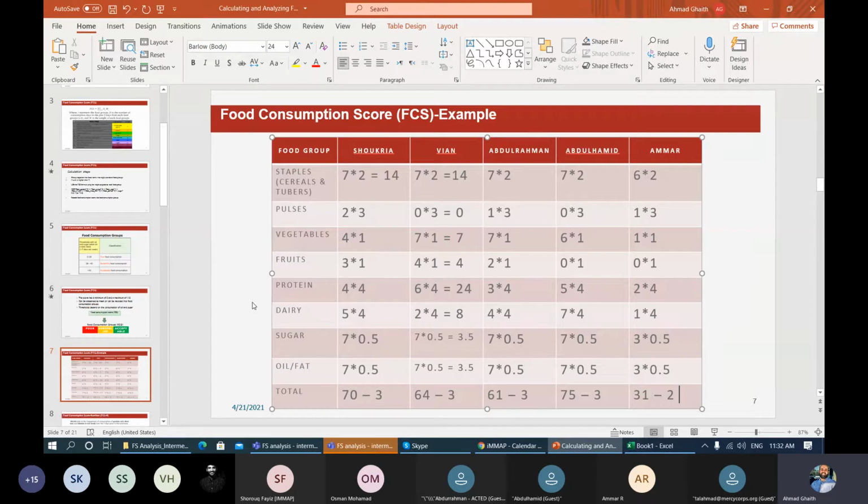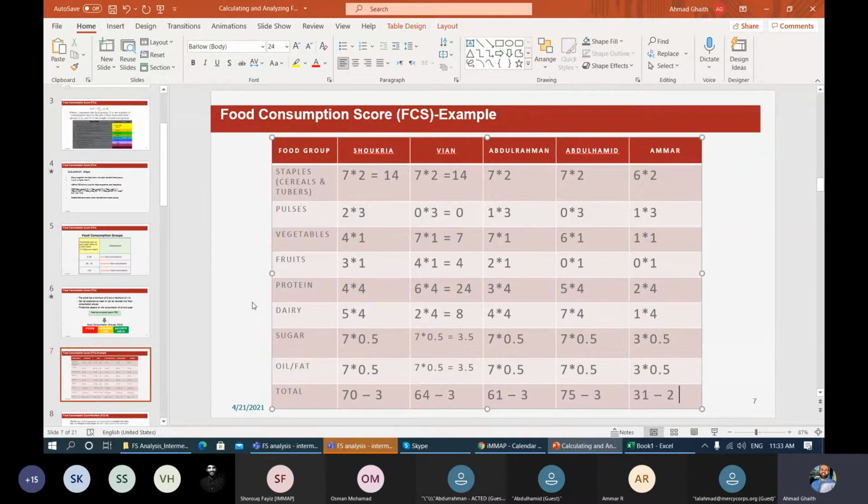I want to be careful to say it's not necessarily that it's easy to score high, but as you mentioned, you don't have to eat mensef every day to be secure. We're just talking about consumption of a certain group by the household during that week.